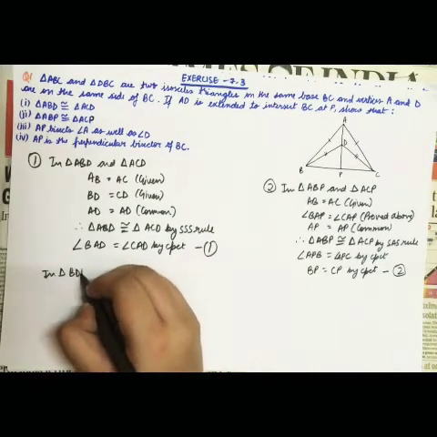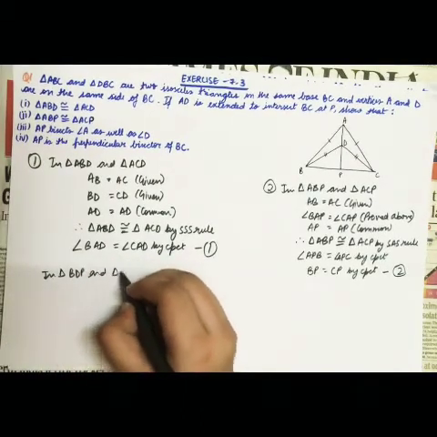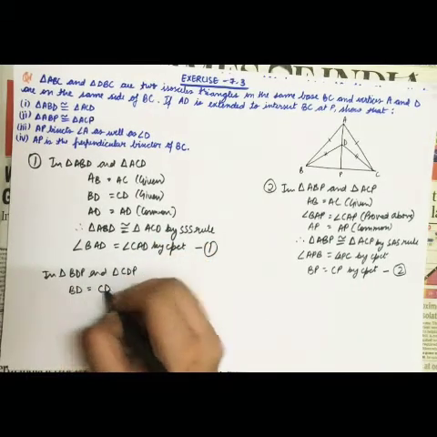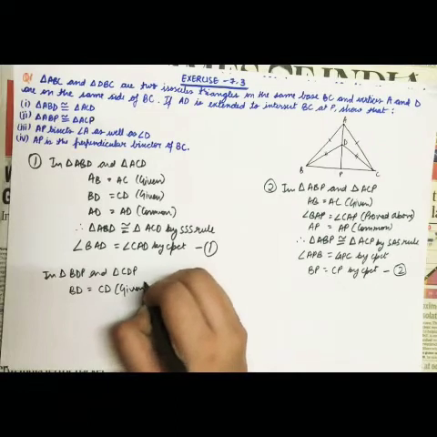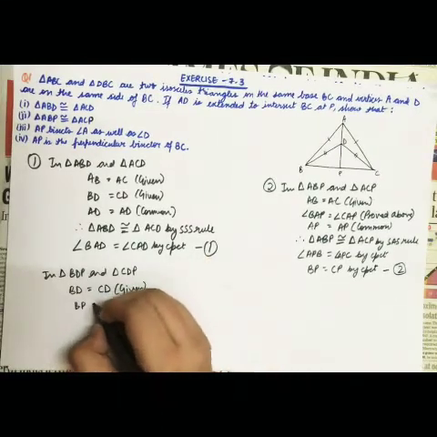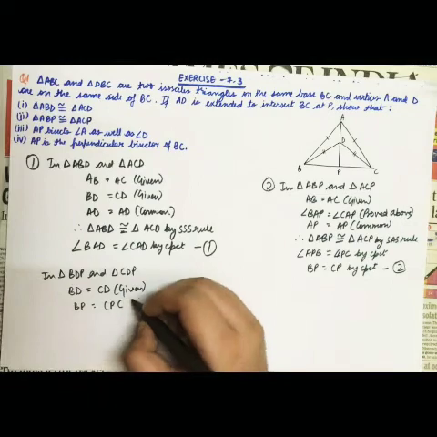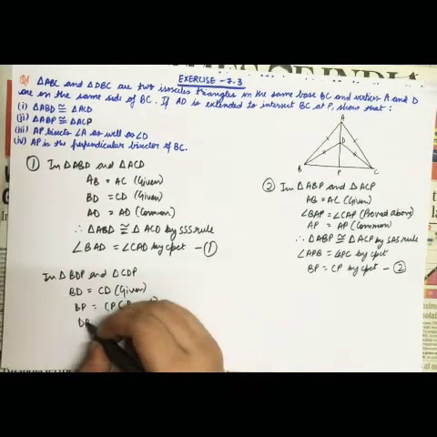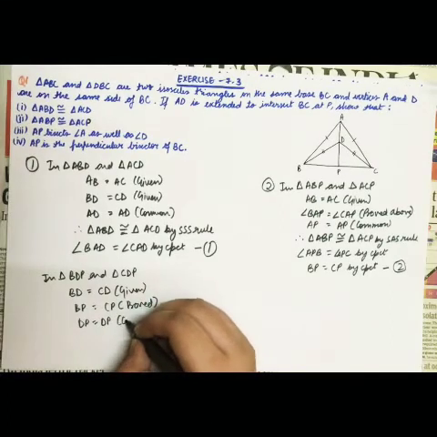BDP and triangle CDP, we can say that BD is equal to CD, given. BP is equal to CP, we have proved this, and DP is equal to DP as it is common.